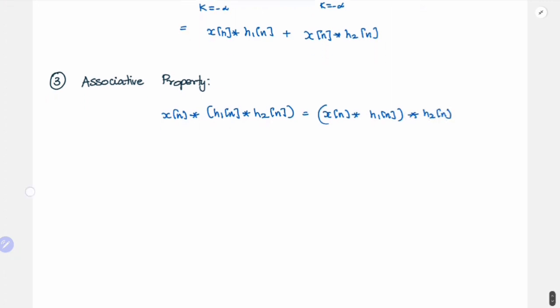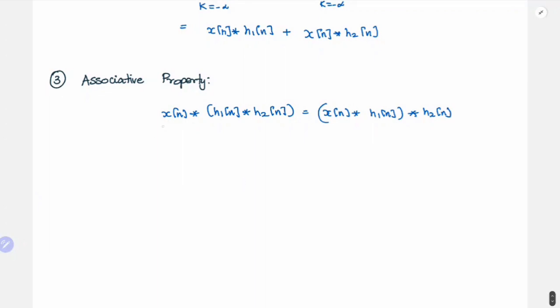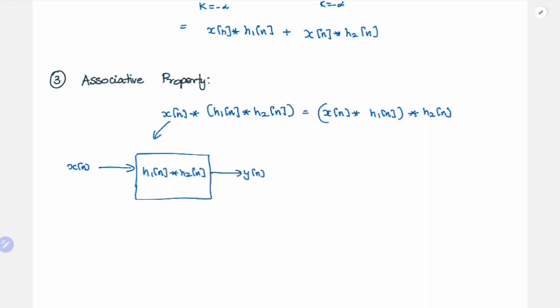So what it translates to in the system block diagram is that you're passing x of n through a system with impulse response given by h1 of n convolved with h2 of n, and you get y of n. And what this gives is, you first pass x of n through a system with impulse response h1 of n, and the result you pass through another system with impulse response h2 of n, and you get the same output y of n.